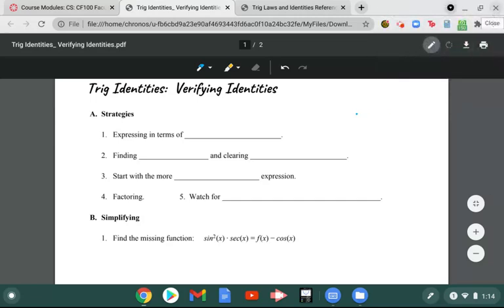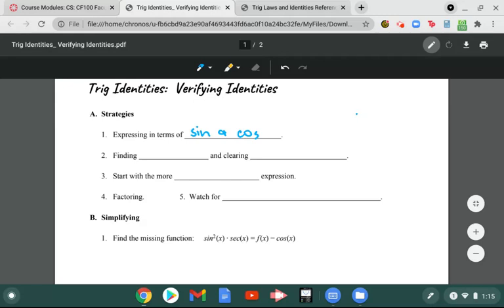So as we're talking strategy, there's a couple of things to keep in mind as you're working through these, because there's so many different ways to go. One of the very first and probably most important tools is expressing everything in terms of sine and cosine. You don't have to do this every time, but it's often a really great place to start. Often we'll have fractions and fractions within fractions.